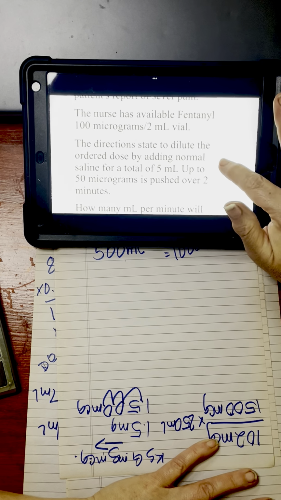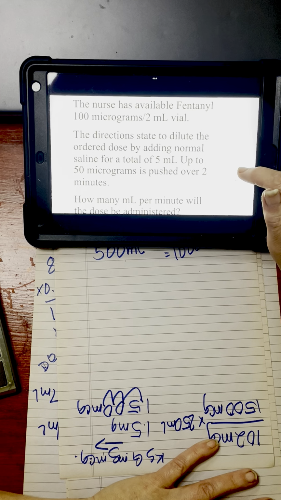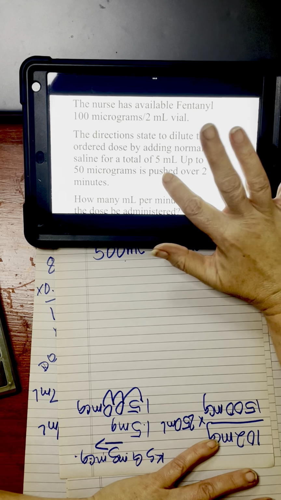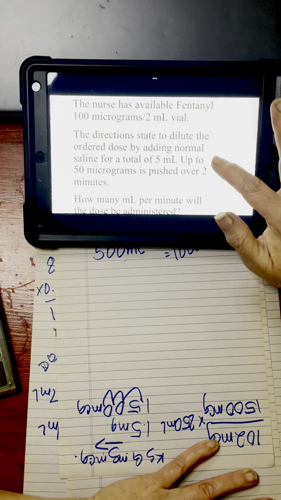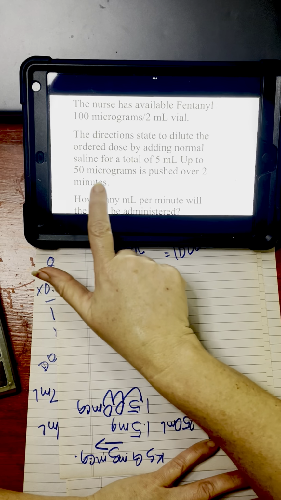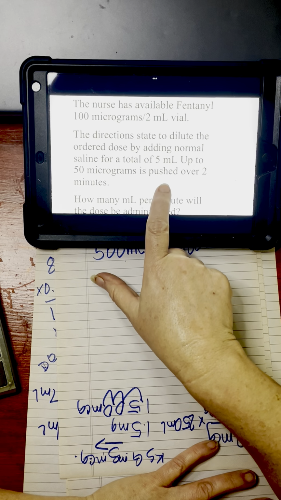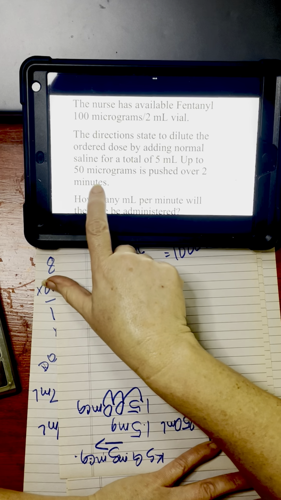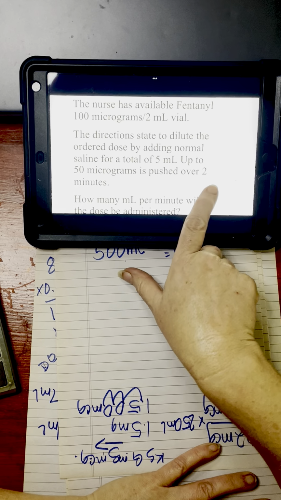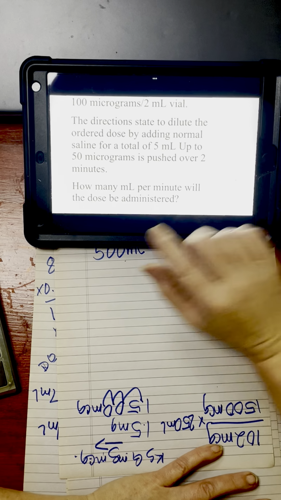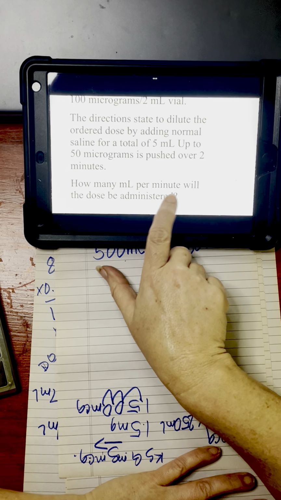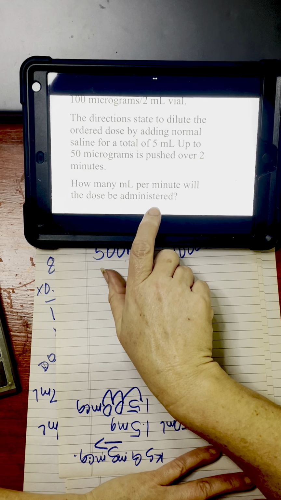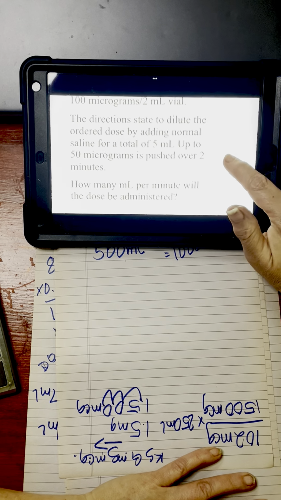The directions state to dilute the ordered dose by adding normal saline for a total of 5 milliliters. Up to 50 micrograms is pushed over 2 minutes. So how many milliliters per minute will the dose be administered?